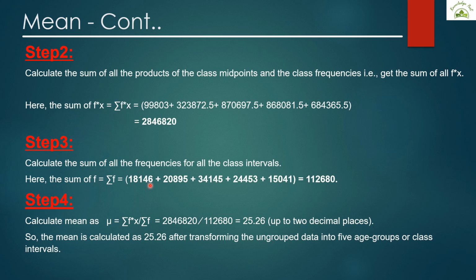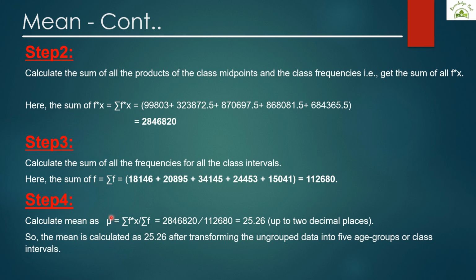So 18146, this was the frequency of the first class interval. 20895, this was the frequency of the second class interval. 34145, this is the frequency of the third class interval, and so on. In that way, we knew the frequency for each of the class intervals. Now at step 3, we are just summing all the values of the frequencies, which will give you 112680.